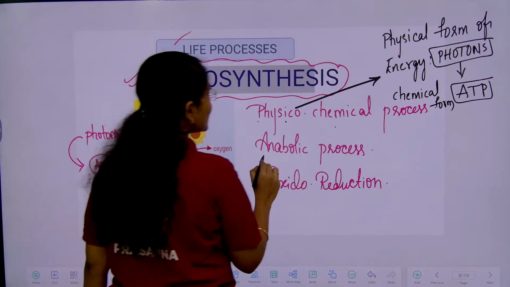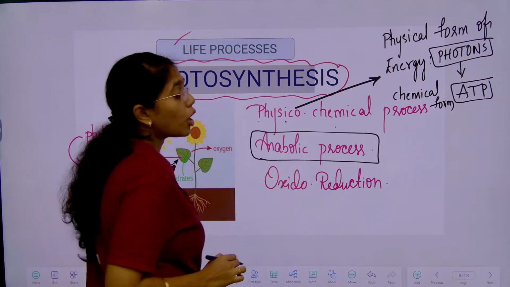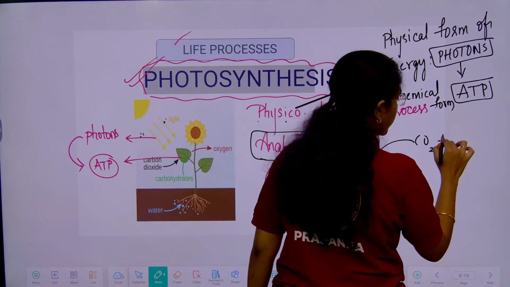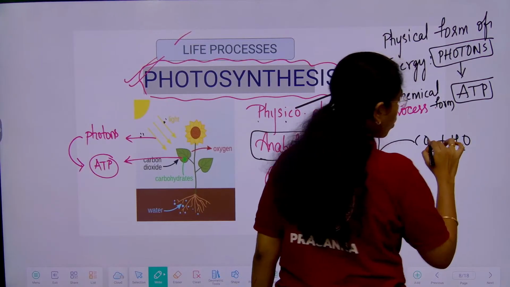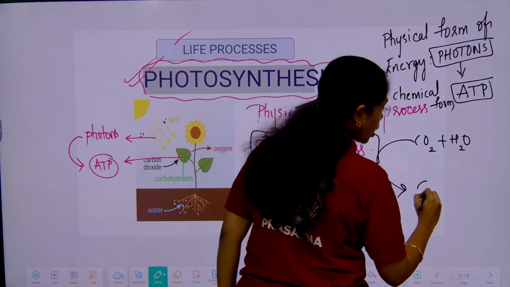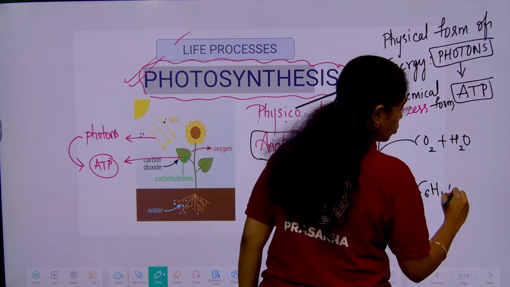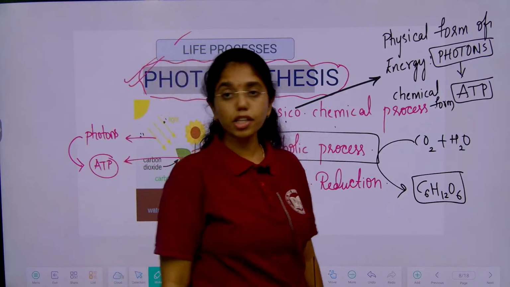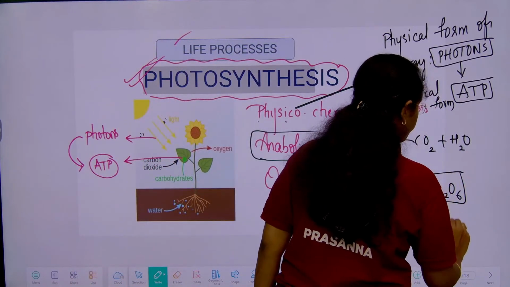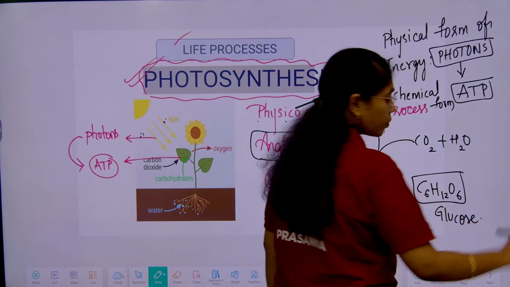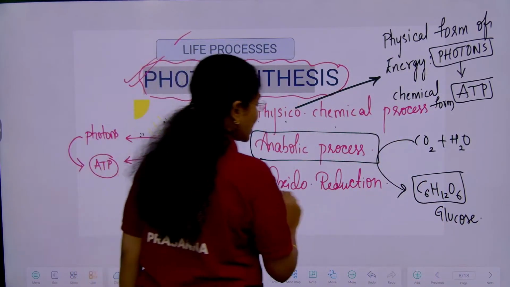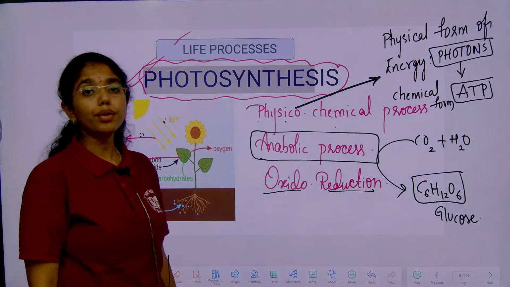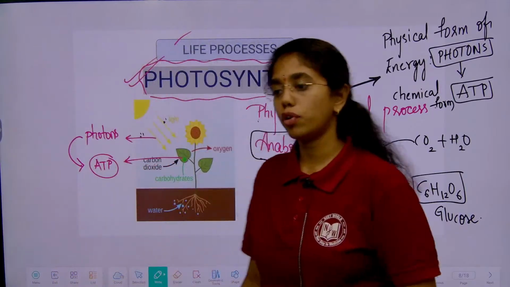So photosynthesis is said to be anabolic process because the simpler molecules like carbon dioxide and water, in the presence of light and chlorophyll, are converted to the complex molecule, that is glucose, right? And last, it is said as oxidoreductive process.